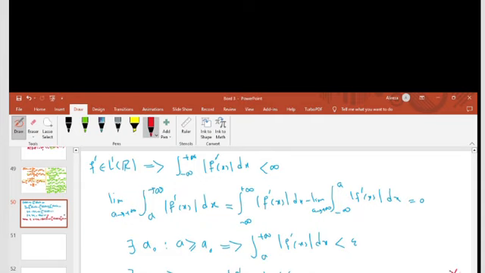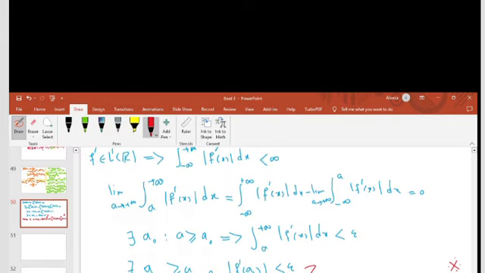So we have an element such that this is less than epsilon.